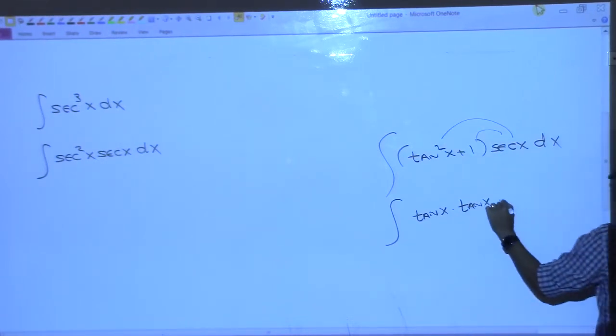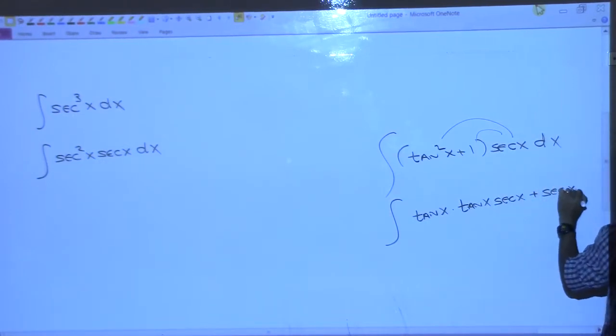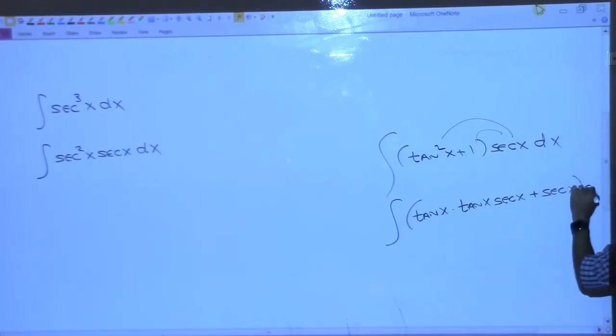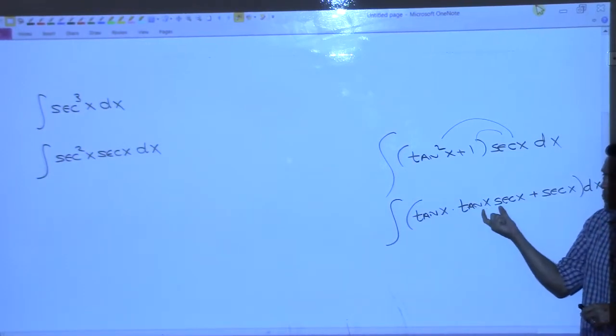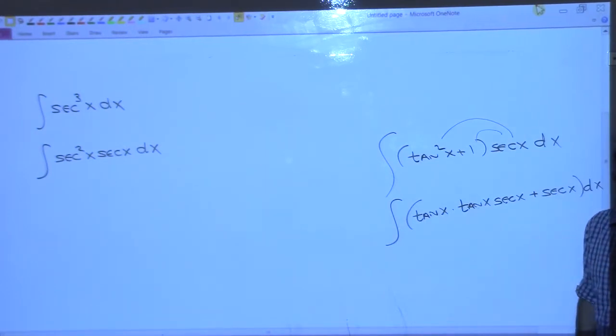Okay, secant x plus secant x dx. I guess that's what you're saying? It doesn't work because secant x tangent x is the derivative of secant x, but that's a tangent x, so it's still not going to work.